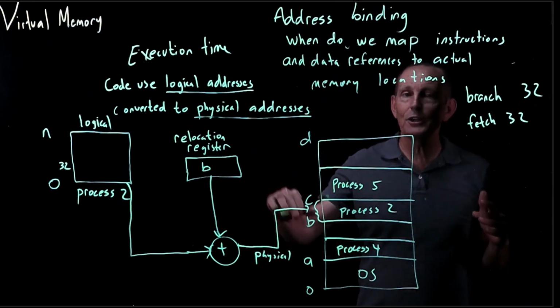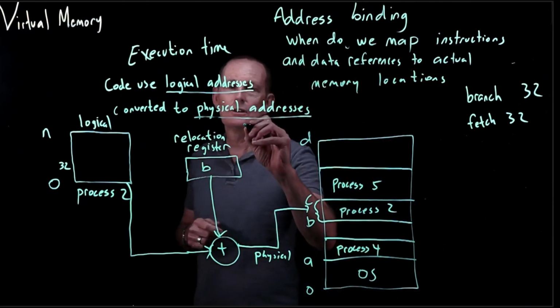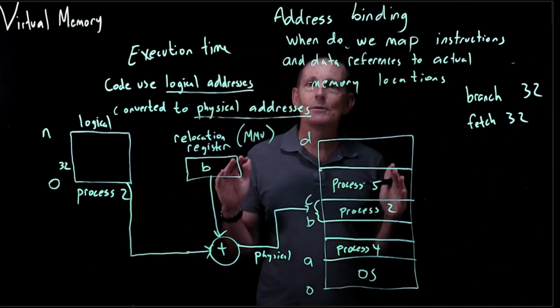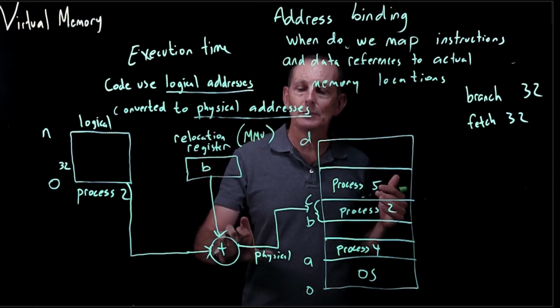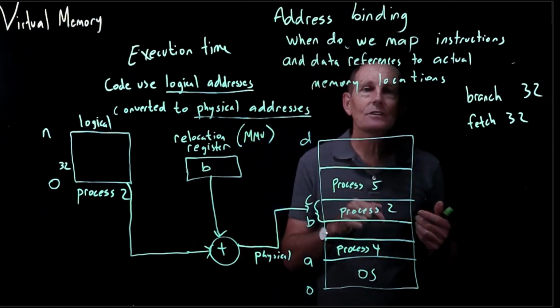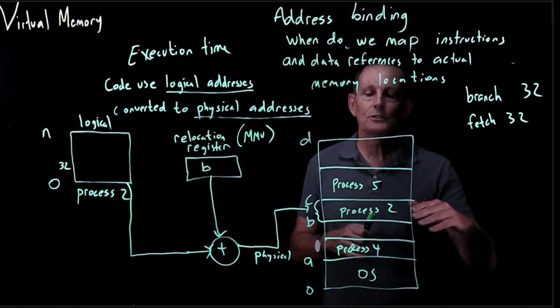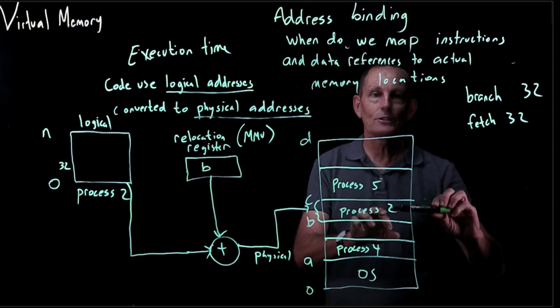However, before we go to the memory bus, the relocation register, which is part of the MMU, is going to say, I am going to convert that logical address to a physical address by adding B to it. So when it goes out to the memory bus, it's not 32 anymore, it's B plus 32. So it's going to return whatever is at location 32 within this process 2's memory location.